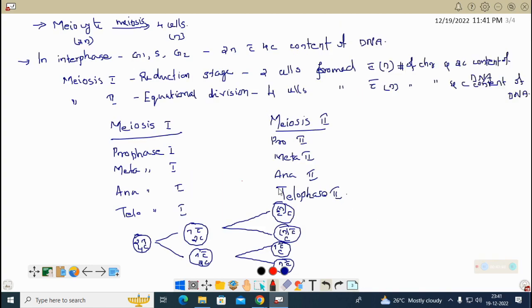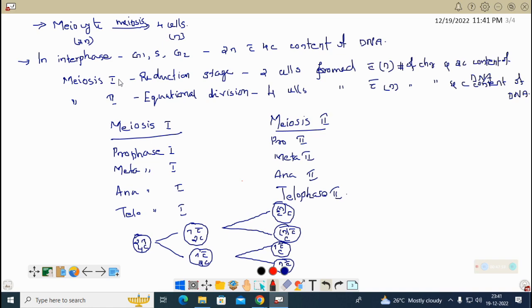Now next, the cell undergoing meiosis is called the meiocyte. If the zygote is undergoing meiosis, the zygote is the meiocyte. So in thallophyta, the zygote is the meiocyte. The meiocyte is diploid and undergoes meiosis to produce 4 haploid cells.